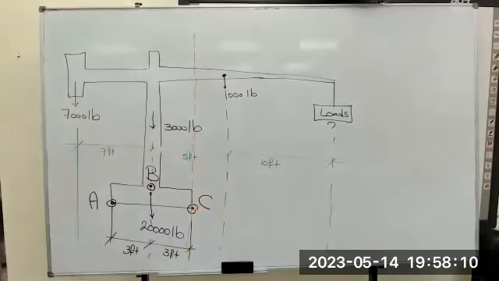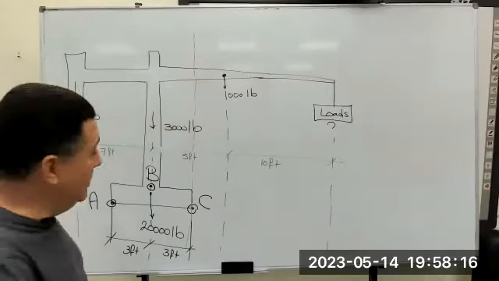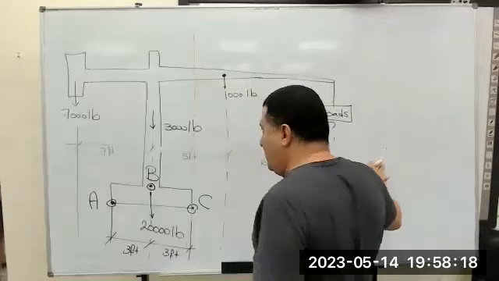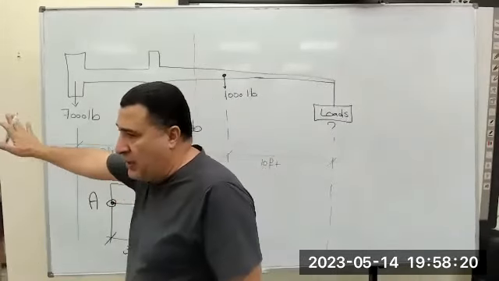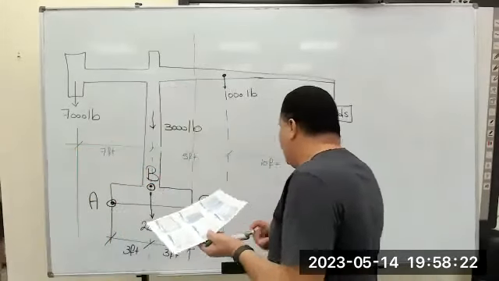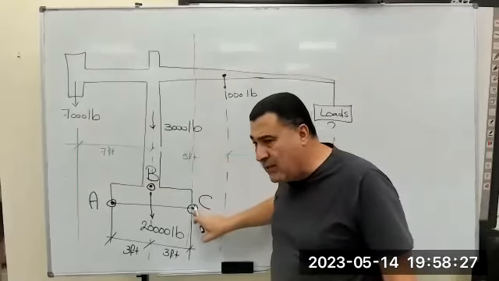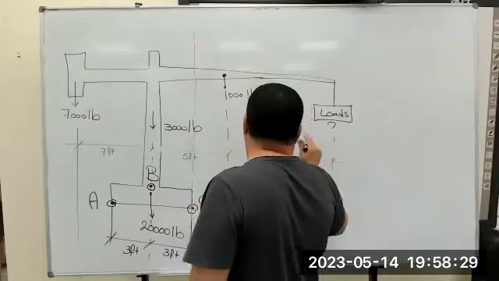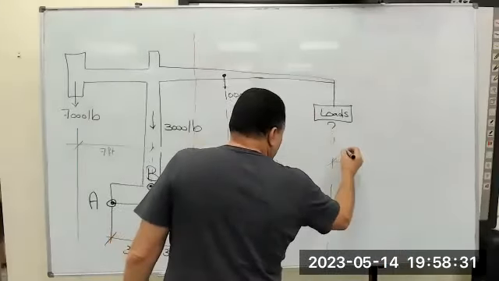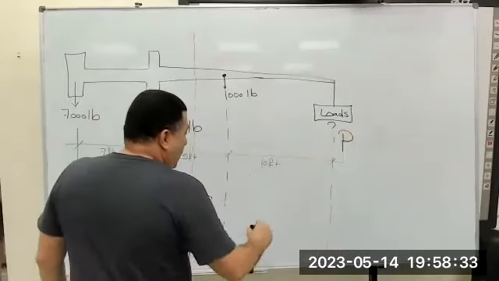Now take a line. I have right loads and left loads. Load multiplied by distance gives you moment.